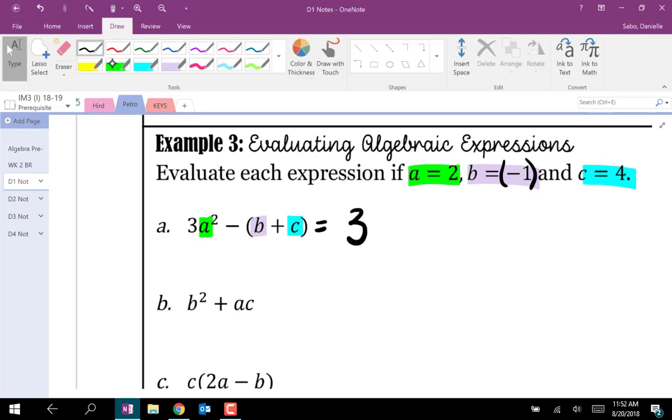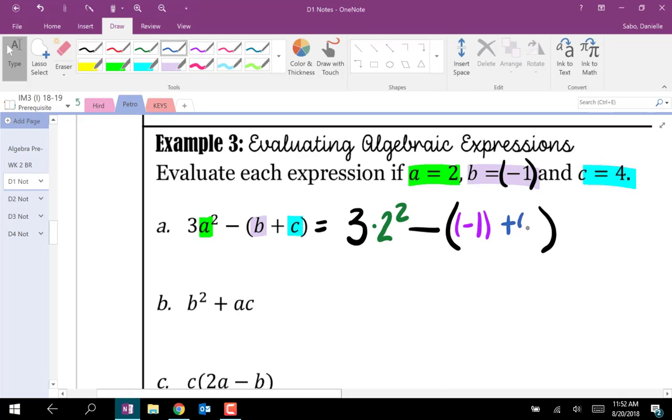So A, so we have A squared, so we have 2 squared. When there is something that's right next to each other like this, remember that means multiplication. Okay? And then we have minus, I'm keeping this the same. And then I have -1 plus 4.